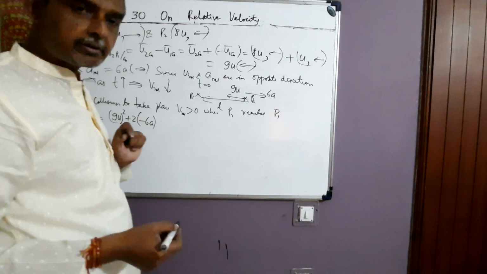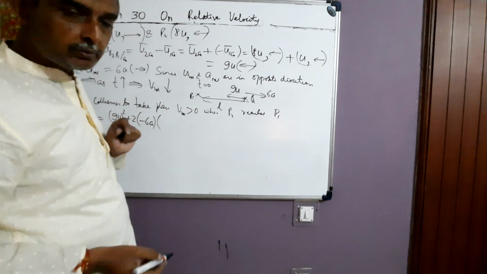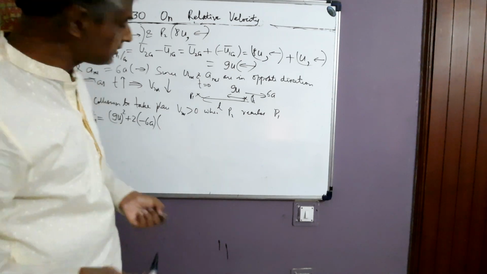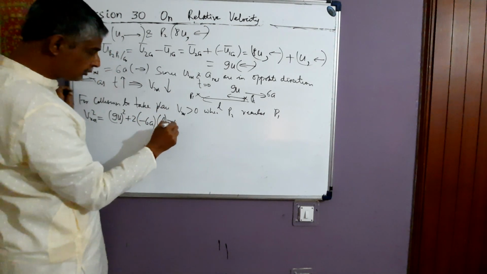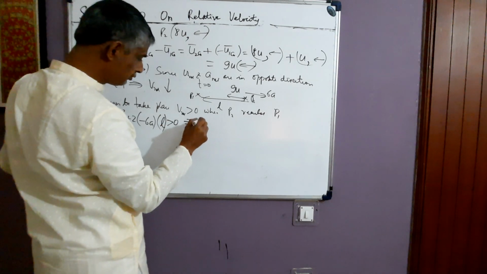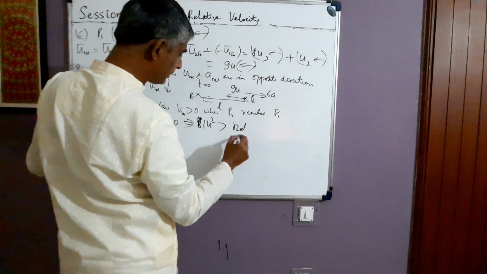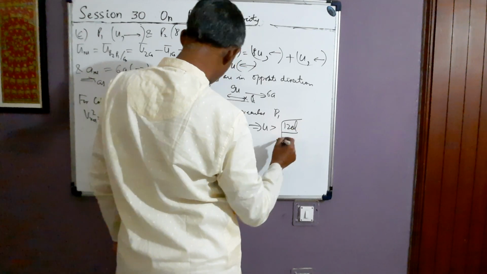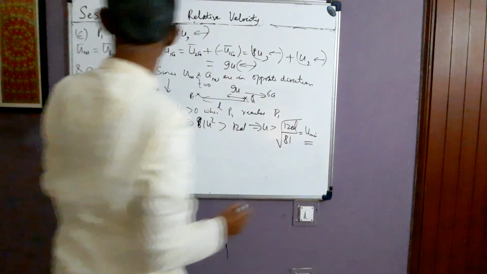Left side positive, right side negative, acceleration rightward is minus. The relative displacement of P2 with respect to P1 when P2 reaches P1 is again L, because with respect to P1, P1 is fixed. Initially P2 was at L distance away, so plus L. So this quantity should be more than 0. This means 81u square more than 12aL. This means u should be more than root under 12aL by 81. This is therefore the minimum value of u.